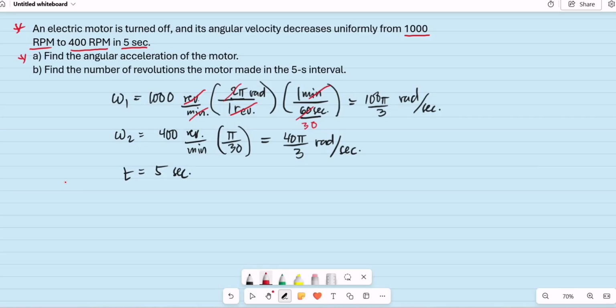So for letter A, find the angular acceleration of the motor. So we may use the second equation. That is the final angular velocity equals the initial angular velocity plus the angular acceleration multiplied by time.